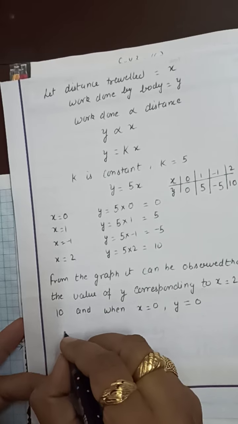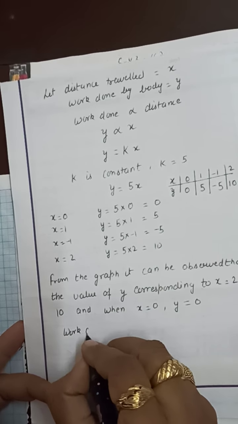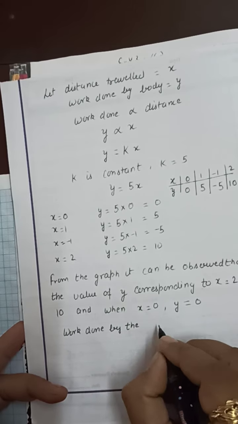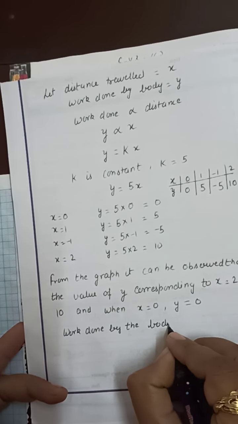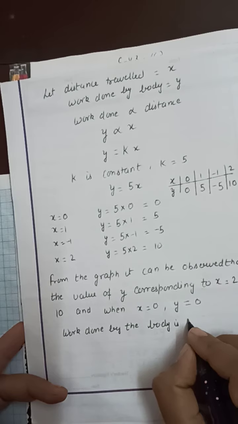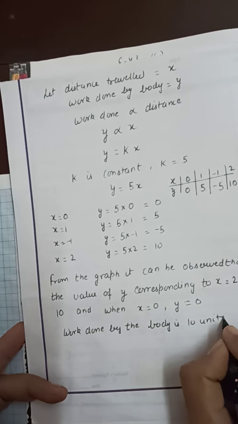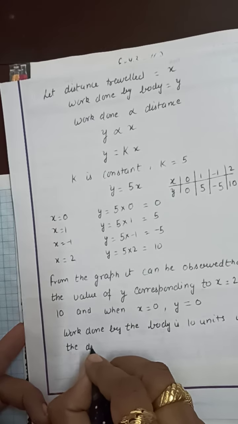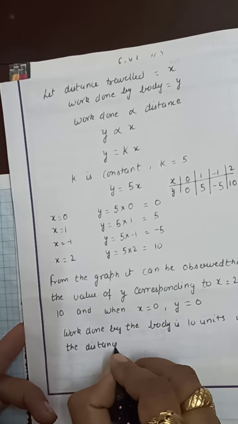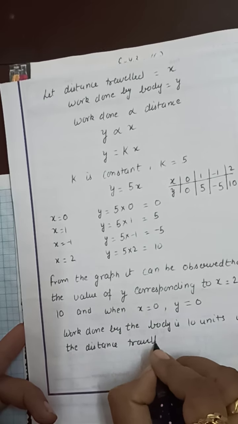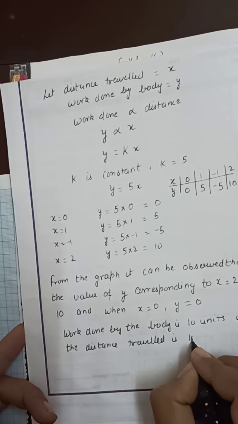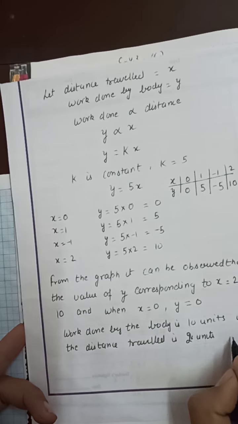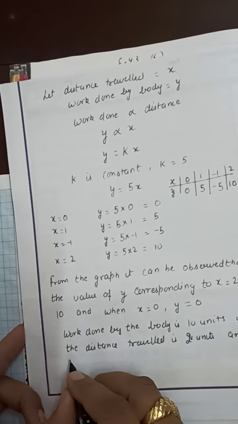So at last you can write: work done by the body is 10 units when the distance traveled is 2 units, and same for 0 and 0.